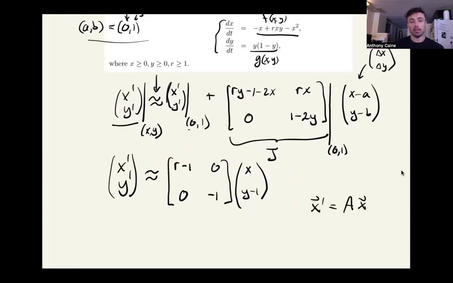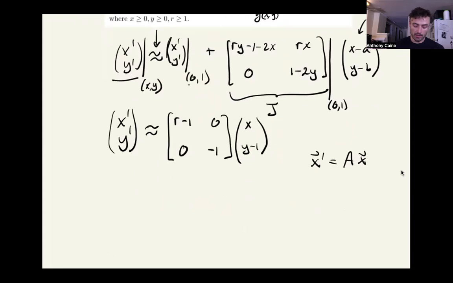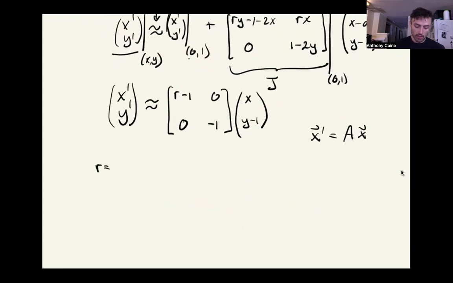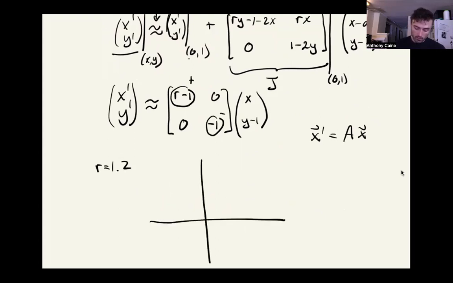So the claim is that you can understand the behavior of this equilibrium point by analyzing this matrix, which is the Jacobian, and I plug in the equilibrium point. Okay, so let's analyze it a bit. If we use r equals 1.2, then all that really matters is that this value is something positive, and this value is something negative. So right here is the equilibrium spot that we care about.